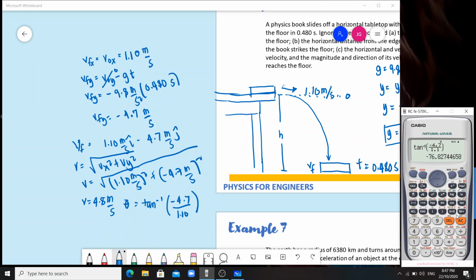So, theta is negative 76.8 degrees. So, kung ipa-plot natin siya, okay, positive ang x, negative ang y, so ganyan. So, ang sagot natin would be 4.8 meters per second, 76.8 degrees below the horizontal line.